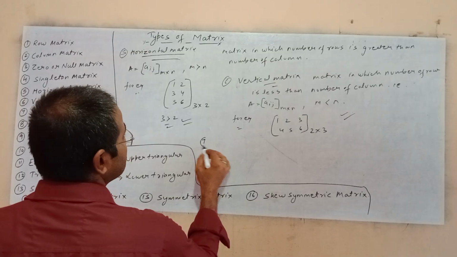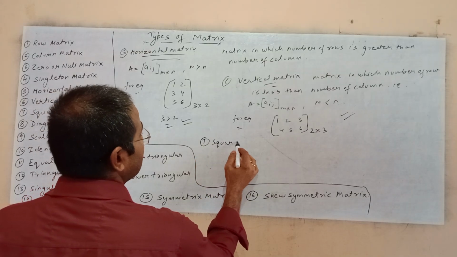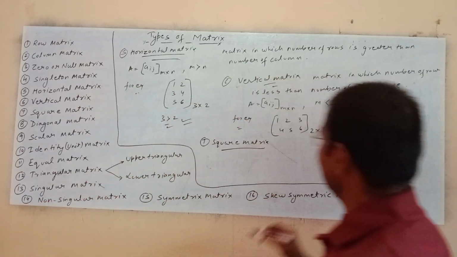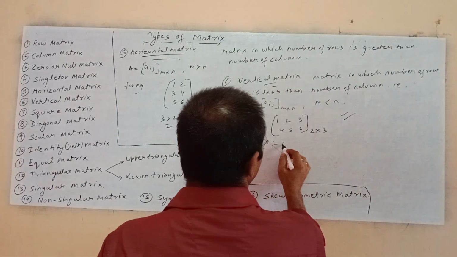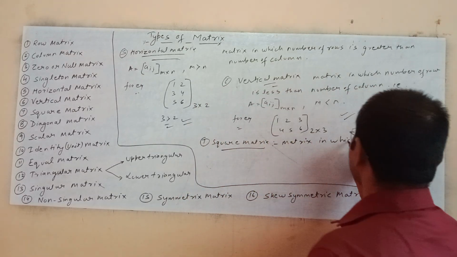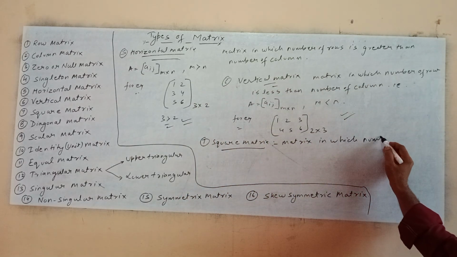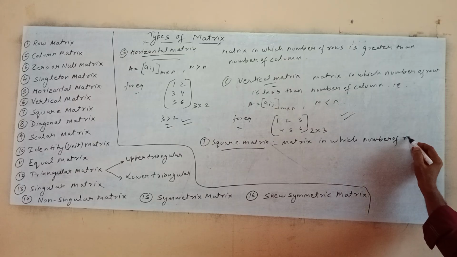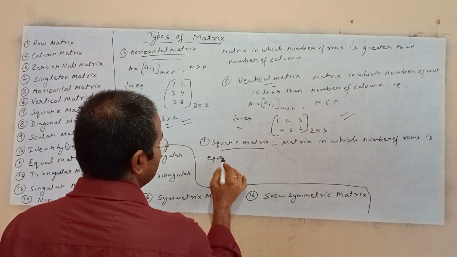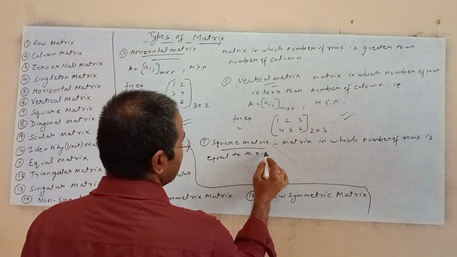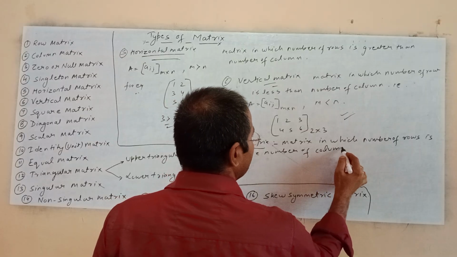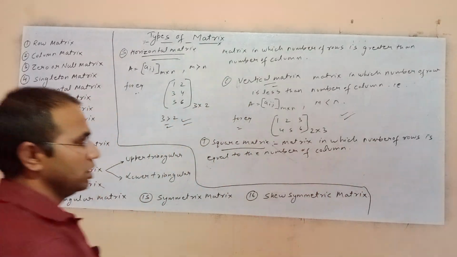Now see the seventh one. The seventh one is the square matrix. Square matrix means a matrix in which the number of rows is equal to the number of columns.